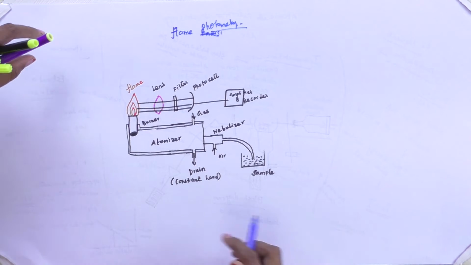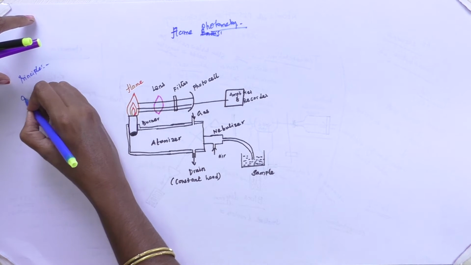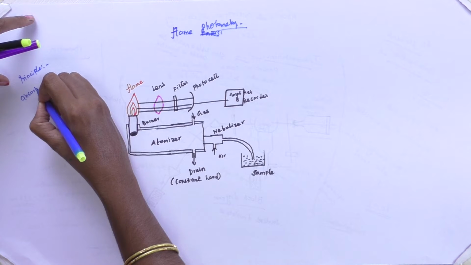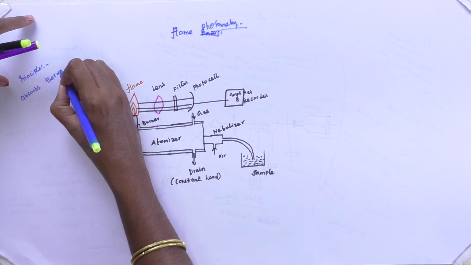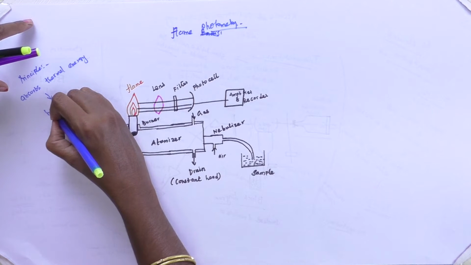So this is the principle of flame photometry: the atom absorbs thermal energy and goes to a higher energy state.